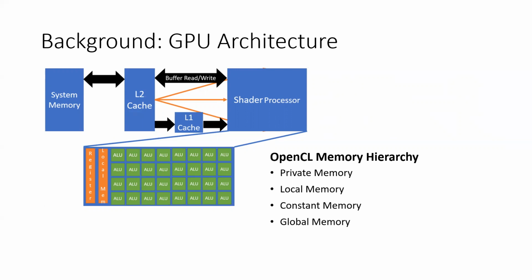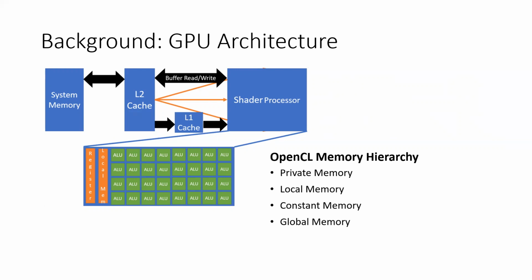The diagram also maps well with the memory hierarchy in OpenCL. The private memory refers to memory in the form of registers available to each ALU, and this is very fast. Local memory is a shared memory present on each shader processor. Local memory is available to all of the ALUs.